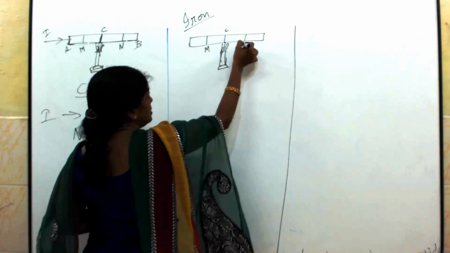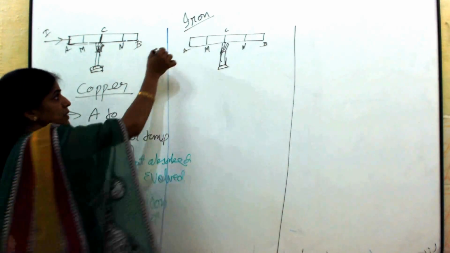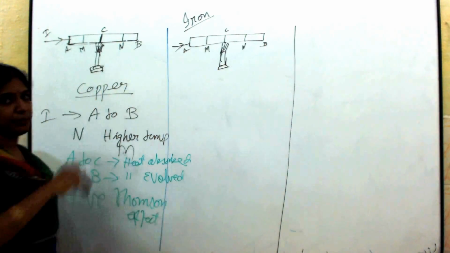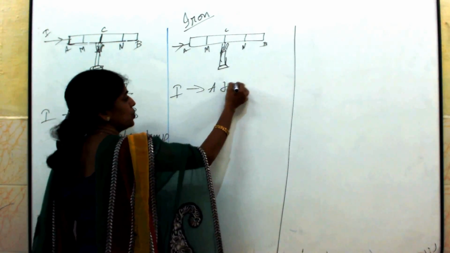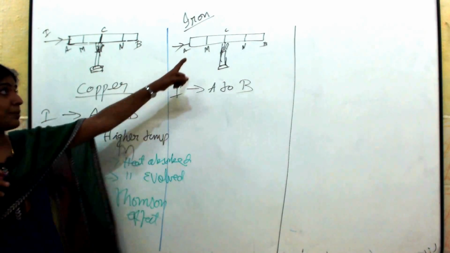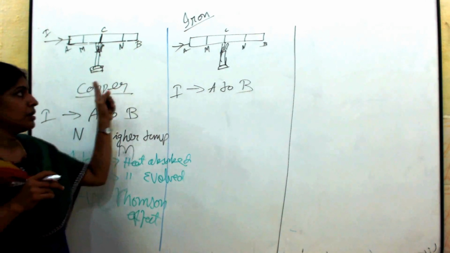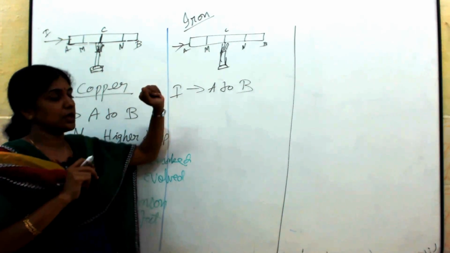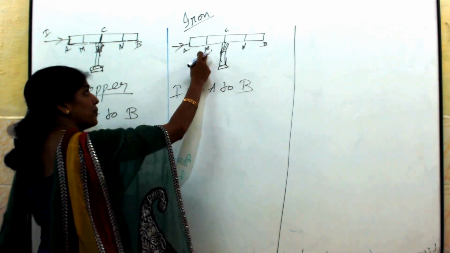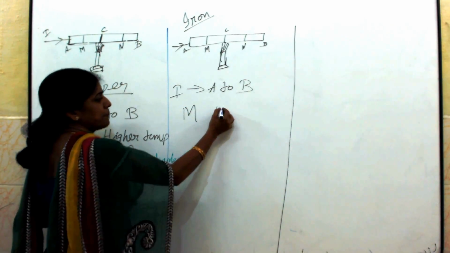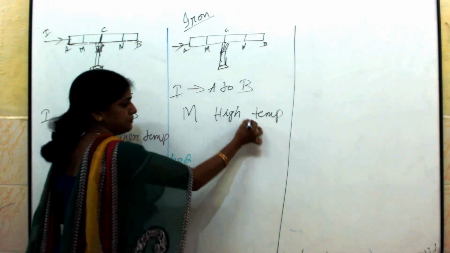Similarly, you take 2 points M and N, which are equidistant from the center point C, and let the current flow in this direction from A to B. So here also current is flowing from A to B. But here, what is the metal we are using? Iron. Earlier I used copper. Here in this iron, he noticed that when current flows from A to B, the point M is at a higher temperature than the point N.